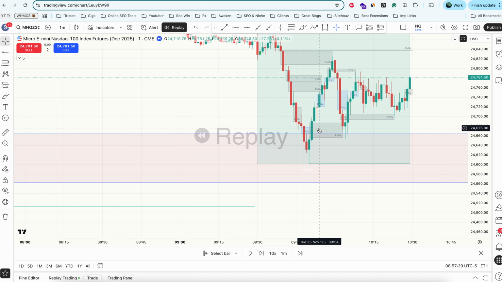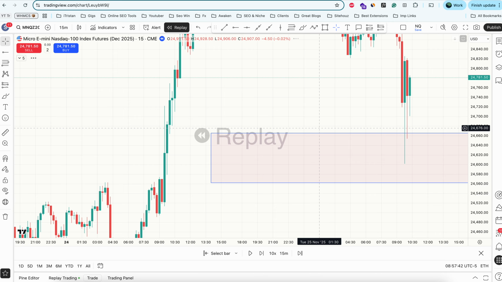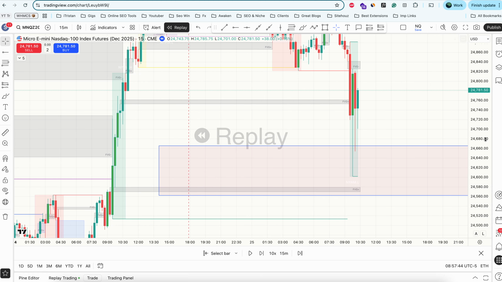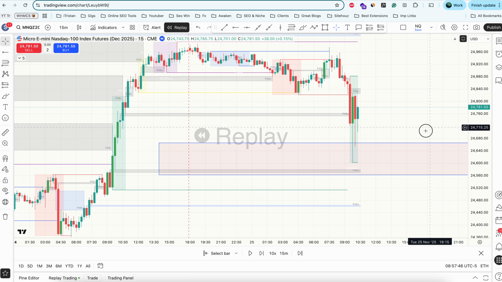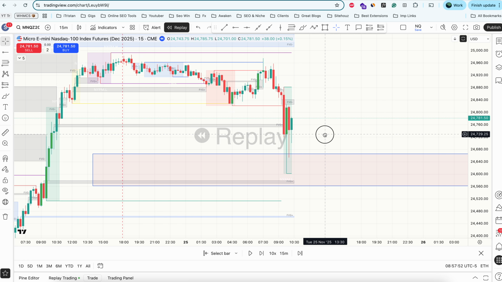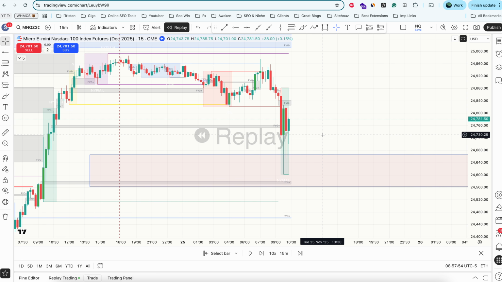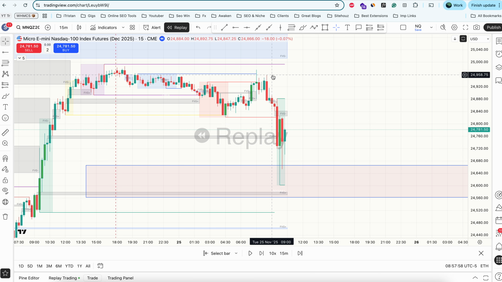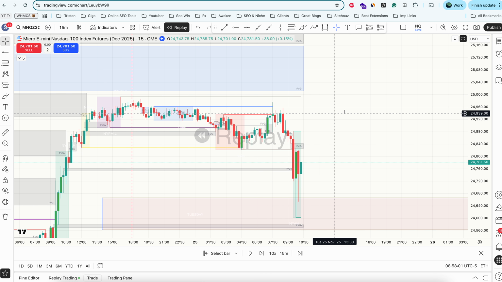But if you would like more confirmation, or if you are looking to trade on a higher time frame, you would wait for price to make this inverse fair value gap right here with some momentum, and then we can target this high or this fair value gap, right?